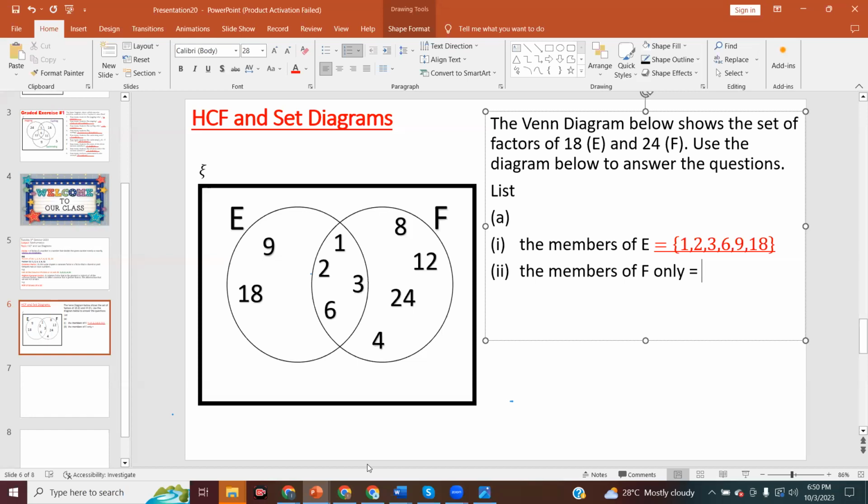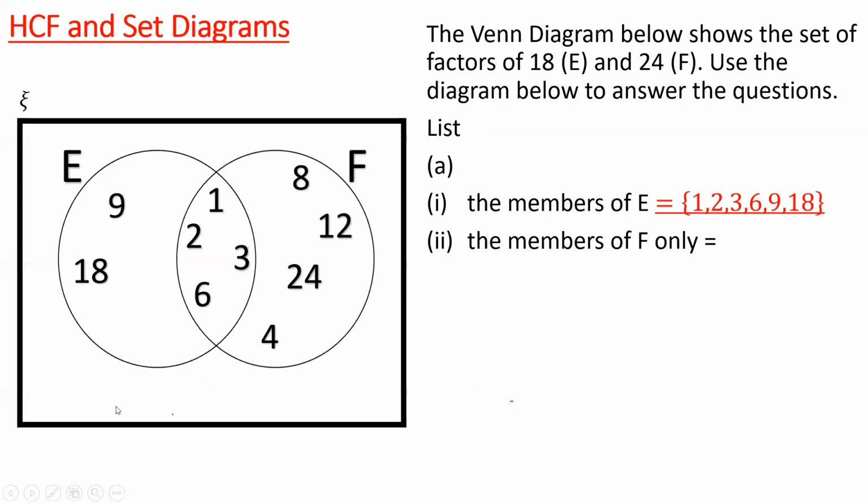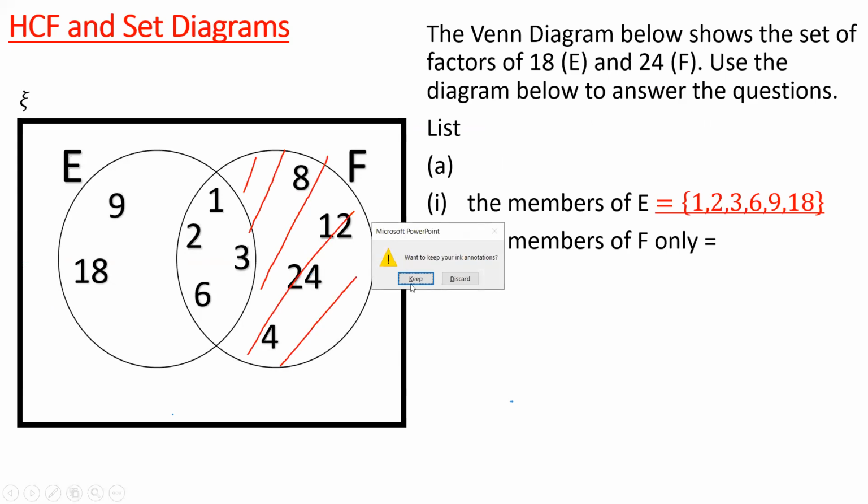Okay, so let's see. F only now. Remember, F only. So we cannot include the intersection, right? So it's going to be what numbers? It's going to be all of this because it says F only, right? So please pay attention to all of the numbers.